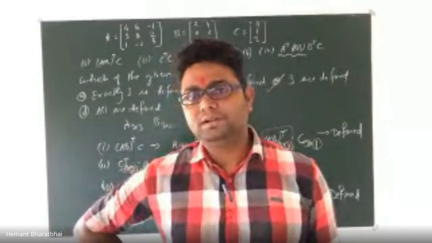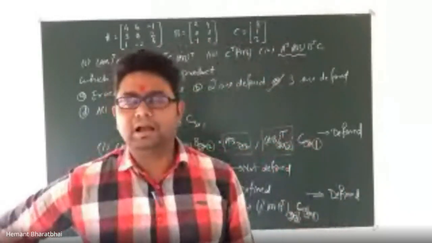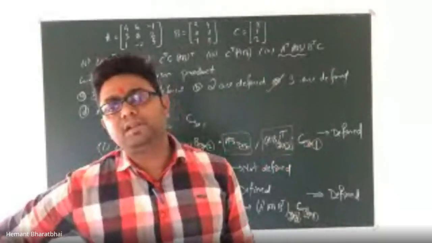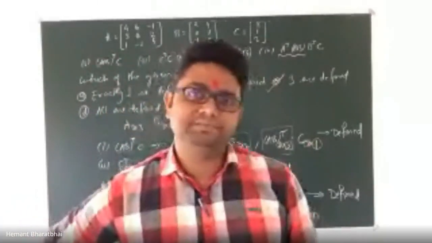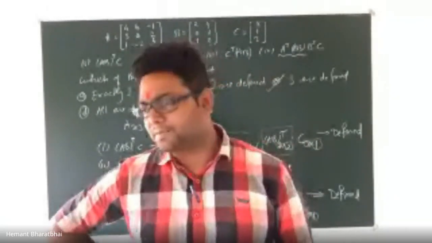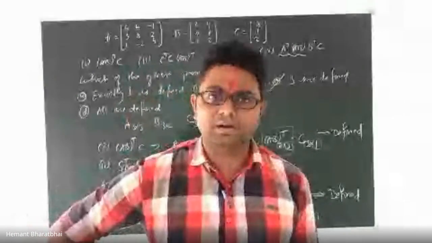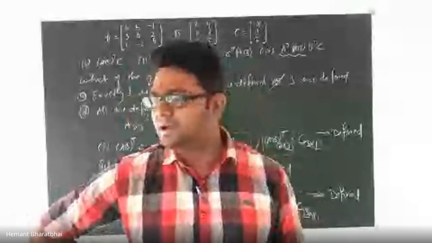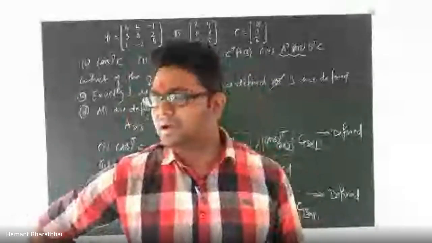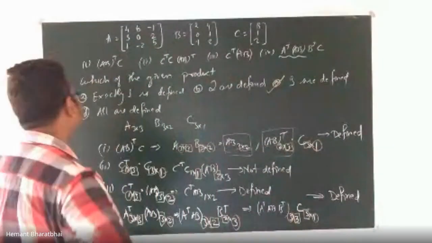You will be able to solve them only if you remember all the properties by heart, and there are more than 15 properties in this chapter. So we are going to first write the properties. I'll prove certain properties and certain properties you have to write at home. And then once all the properties are done, we'll start with the numericals.